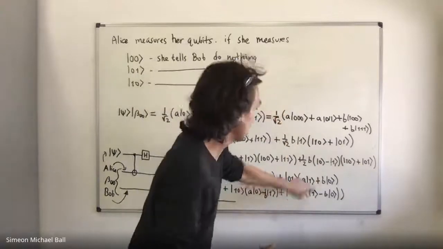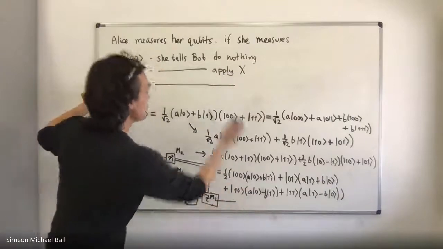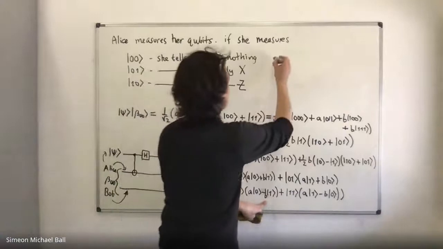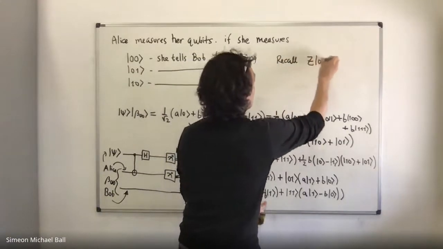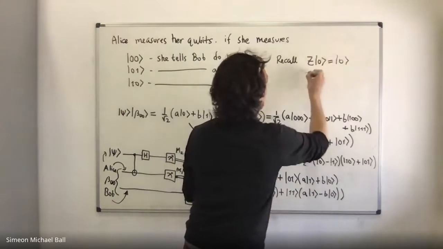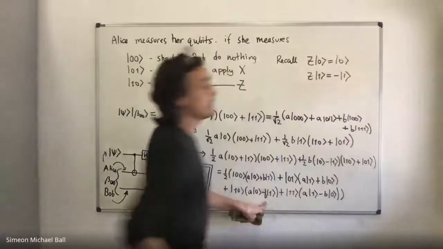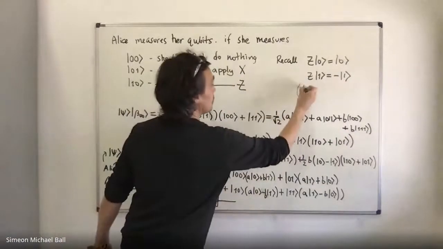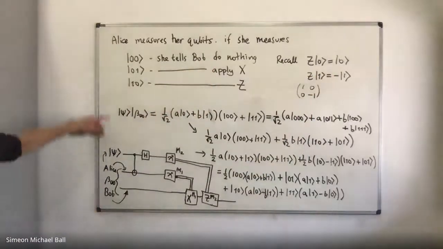If she says 0, 1, we want to switch the 0 and 1, so we want to apply X. If it's 1, 0, then we want to apply Z, and recall that Z as a matrix is 1, 0, 0, minus 1, so it has this action.